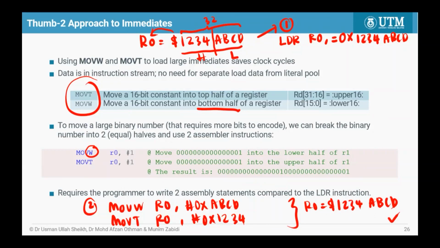So the first solution only needs one line of instruction, but the second solution needs two lines of instruction. This is how you move data into a register by using the MOV instructions.